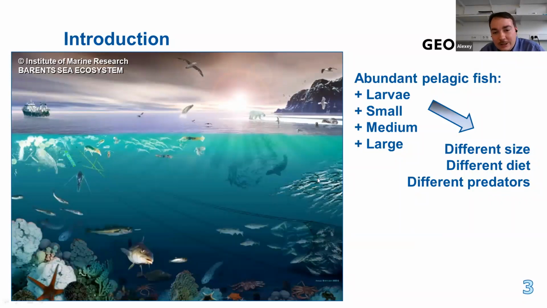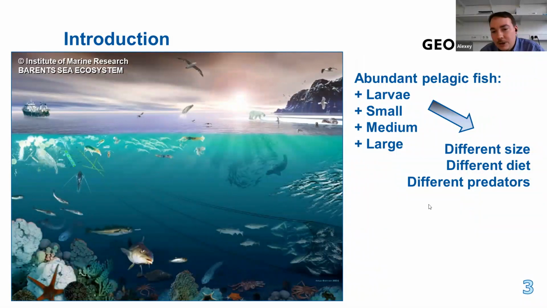And let me draw your attention here, for example, to small pelagic fish, let's say herring. Once it hatches, its larva grows, it's small, then medium, large, and it consecutively changes not only its size, but sometimes its habitat, and also its prey spectra and its predators.